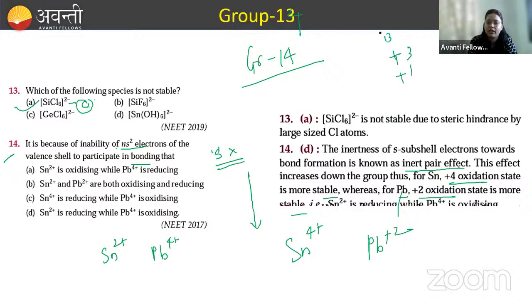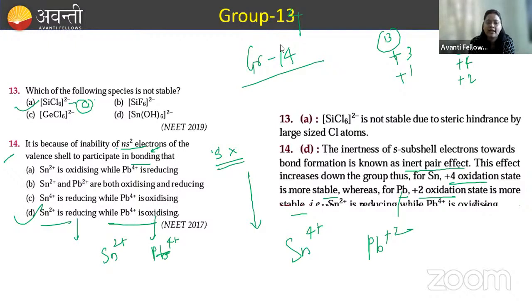That was happening for group 13 elements. 14 में क्या होगा, +4 oxidation state goes on decreasing and +2 oxidation state goes on increasing. So because of this, what happens is that Sn2+ acts as a reducing agent while Pb4+ acts as an oxidizing agent, during the formation of bonding. ठीक है, तो यहाँ पे Sn2+ रिड्यूसिंग नेचर में एक्ट होता है, और Pb4+ ऑक्सीडाइजिंग जैसे एक्ट होता है.